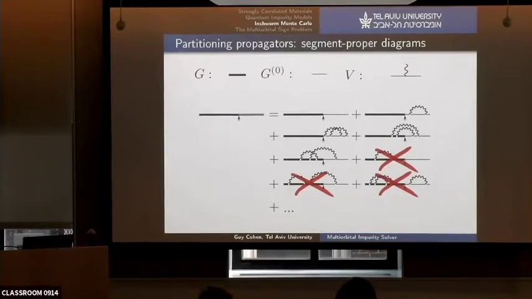The assumption is that somehow someone gave me all propagators between these endpoints in time, and I want to evaluate this longer propagator. So instead of summing up all diagrams one by one, I can write a theory where my first order contribution is just this completely dressed propagator up to my initial time, and then I have a bare propagator after that.